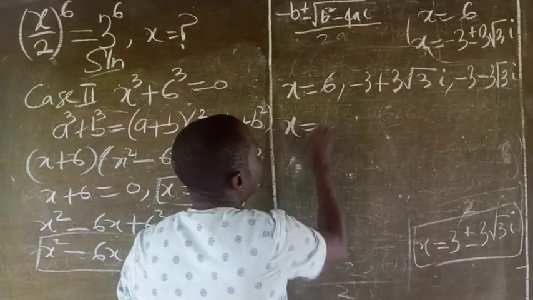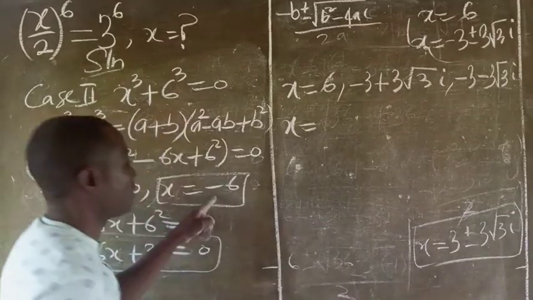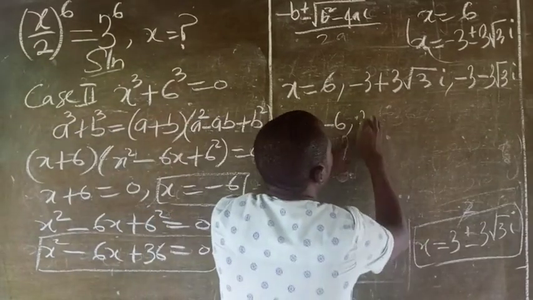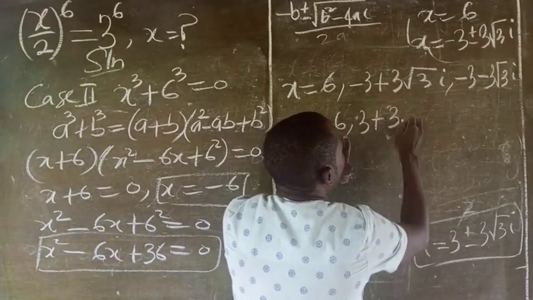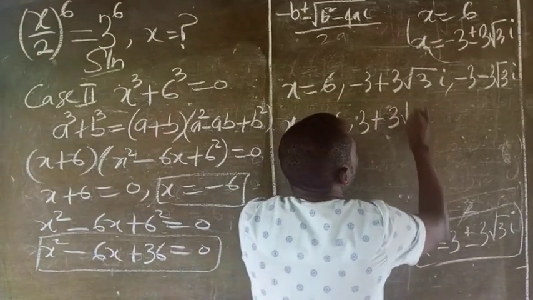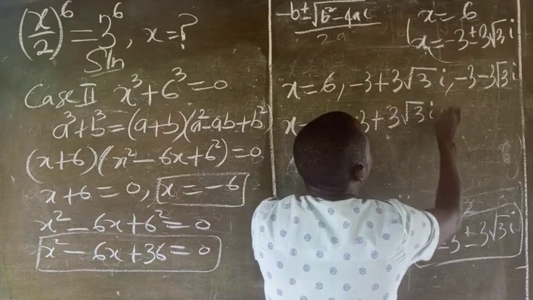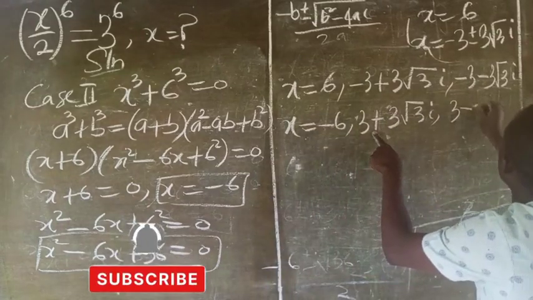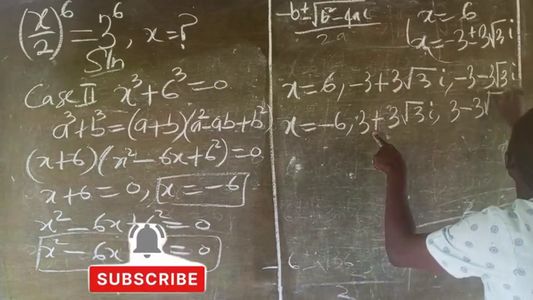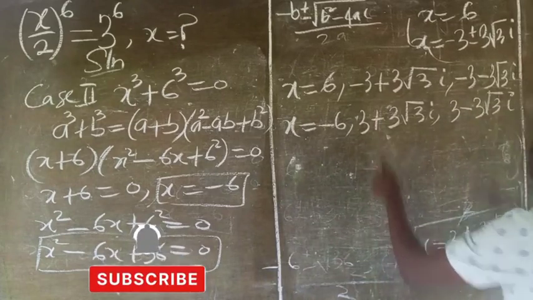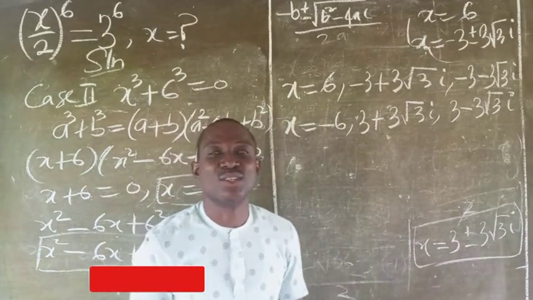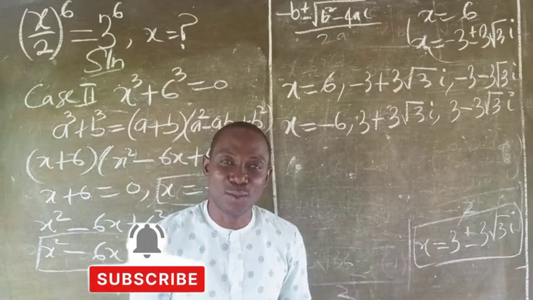For the second case we have minus 6, and 3 plus 3 root 3 i, and 3 minus 3 root 3 i. These are the 6 values of s that we promised to achieve at the end of the solution.